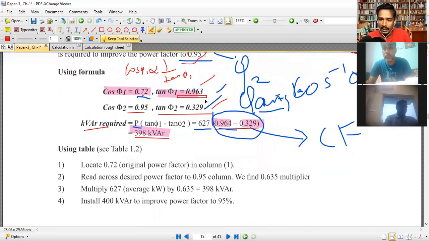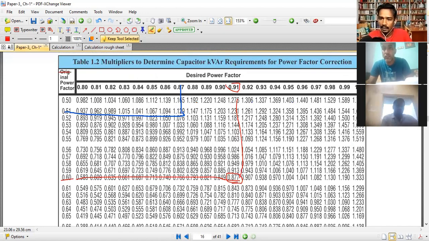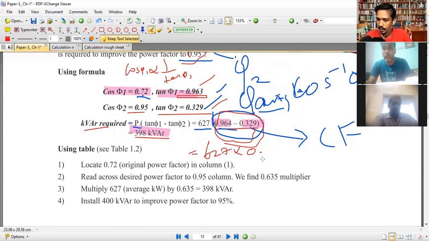This multiplication factor is for this case. So you have to multiply 627 by 0.877, and by this multiplication you get the value. Can you understand the kVAR rating? It is a very important one-mark question.